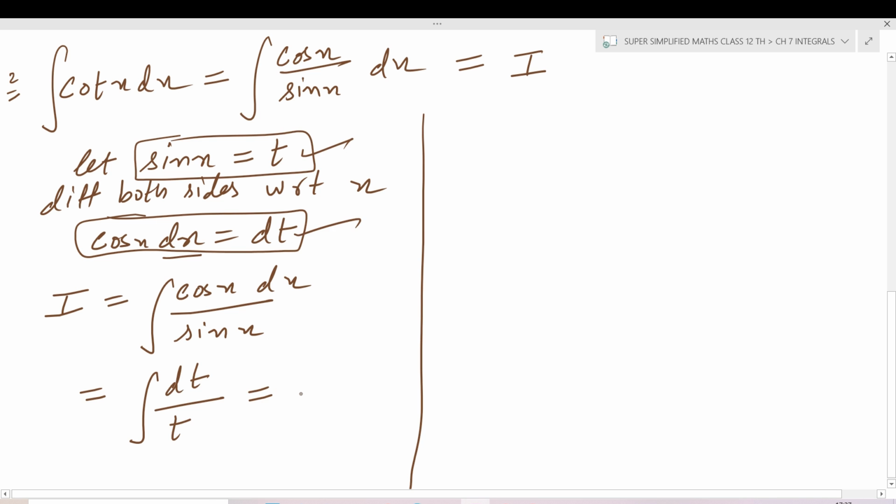Now we know 1 by t is the derivative of log t, and therefore its integral is log mod t plus a constant of integration. Why have we put the log mod over here? Because the log function is defined only for positive numbers, and therefore the number that we write here should be positive. In case it is negative, we have written a mod. Now we substitute back the value of t. t was sin x, and therefore it becomes log mod sin x plus a constant of integration.